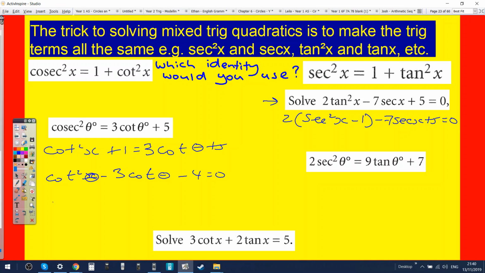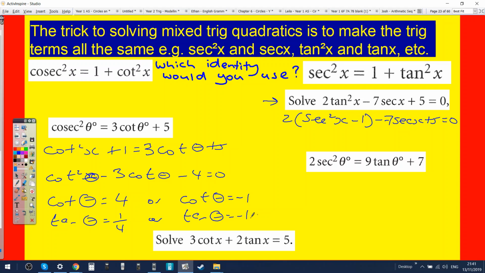What is equal to minus 1? So how would you solve these? Yeah, because you're trying to find theta. And then you would just go from there.